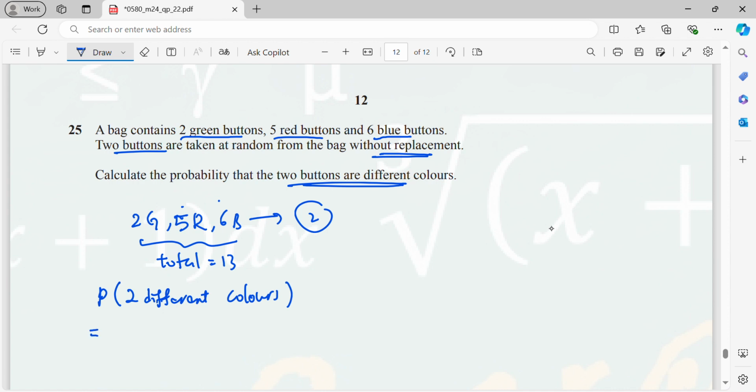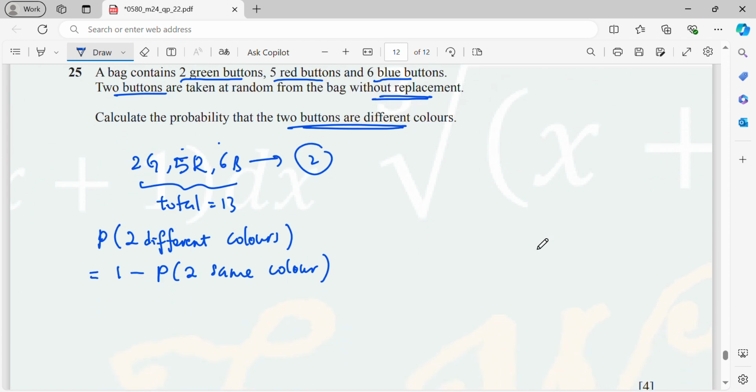So instead of counting all those combinations, I will just calculate 1 minus both are the same color. So I will write 1 minus P(2 same color).